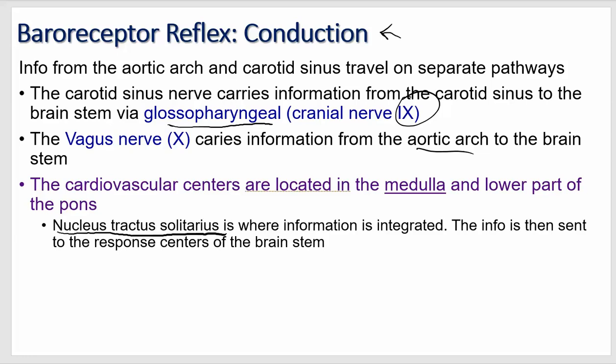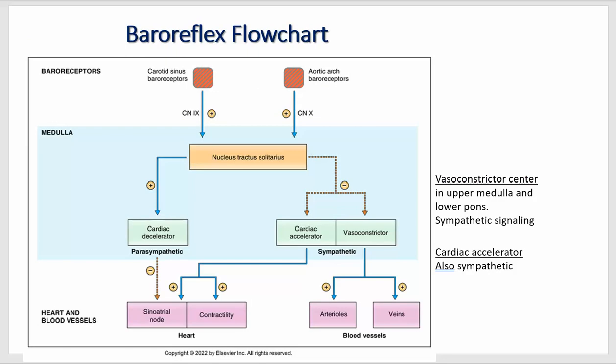That's where the information is integrated, and then the high-low, inhibitory or excitatory signals will either send signals out to the sympathetic or the parasympathetic. So we have a flow chart of that here. So carotid sinus, cranial nerve 9, glossopharyngeal, to this nucleus tractus solitarius.